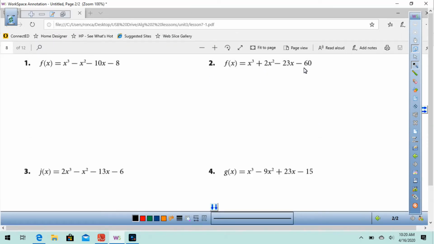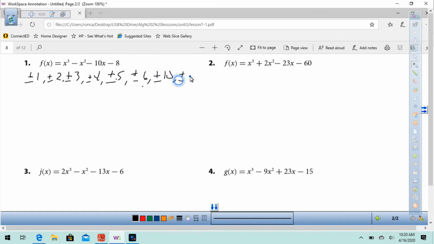What are the factors of 60? Plus or minus 1. 2 goes in it, plus or minus 2. 3 goes into it, plus or minus 3. 4 goes into 60, yep, plus or minus 4. 5 goes into 60, plus or minus 5. 6 goes in it, plus or minus 6, plus or minus 10, plus or minus 12. 5 times 12 is 60.